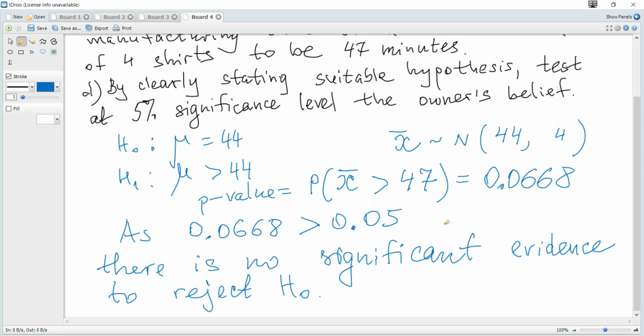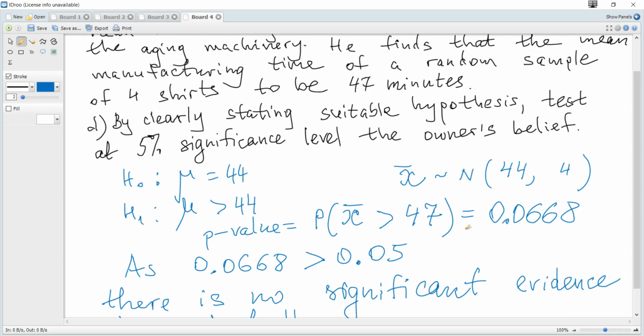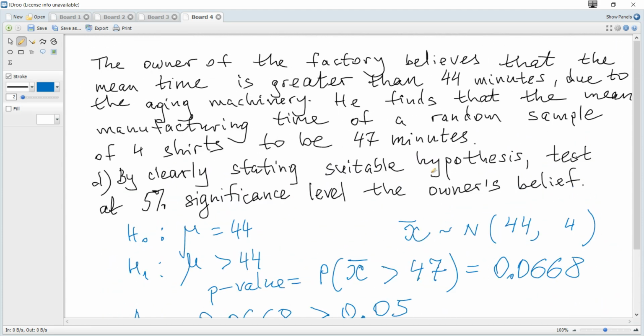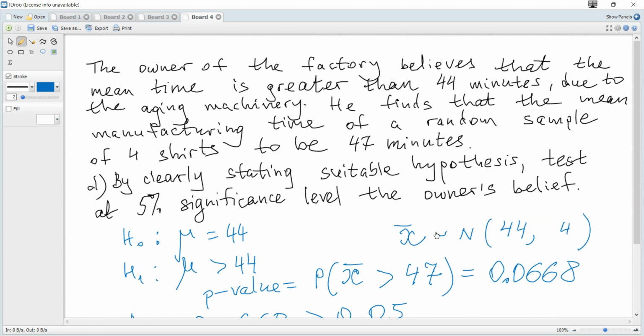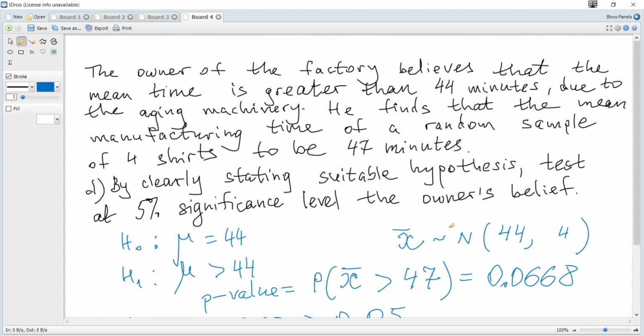Or in context, what does it mean? It means that there is no significant evidence that the mean time has increased, or there is no significant evidence to support the owner's belief that the mean time has increased.